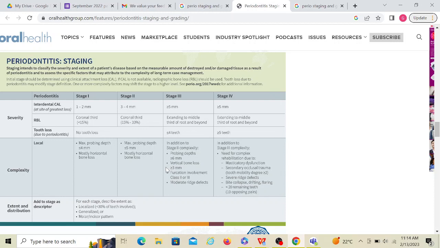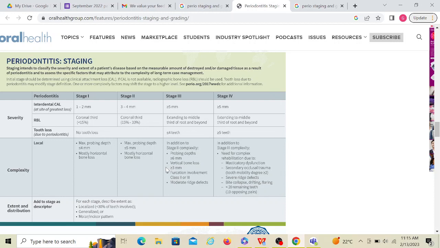Stage 4 is again more than 5 mm of loss, but in addition to that, you have masticatory dysfunction. You must be having teeth that are very wobbly or they have drifted apart because of the disease. Like this is a very severe condition, basically the worst of all the periodontal conditions.